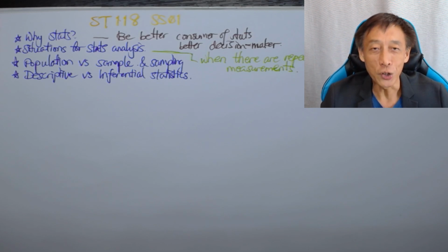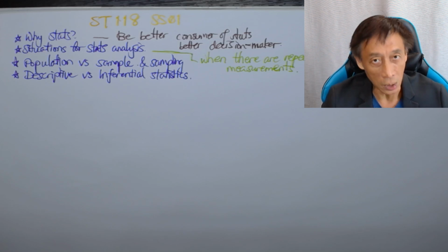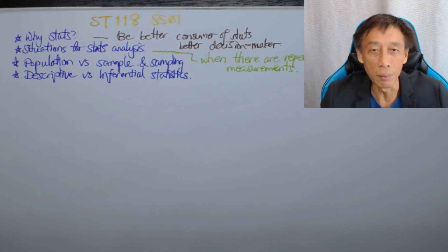What is the average income of Singaporeans in 2024? That's a very legitimate, reasonable, common business question, right? Because you may want to decide the pricing of your products based on the income level. It may not be Singapore. It may be Ho Chi Minh City. It may be Kuala Lumpur.